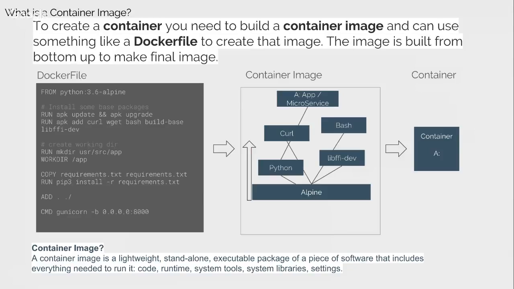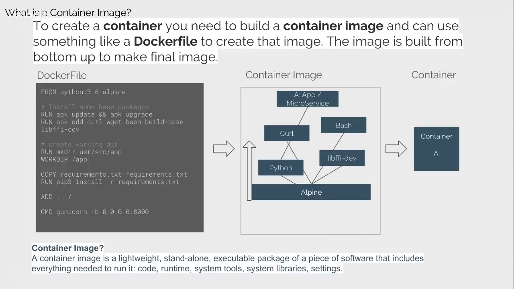So to create a container, you need a container image, right? And you can use something like a Dockerfile to create that image. Over on the part that says Dockerfile, that's just a made up Dockerfile, but this is potentially what your Dockerfile will look like. From that Dockerfile, it's like a template that you will use to then build an image.